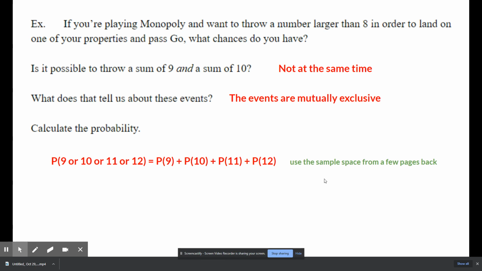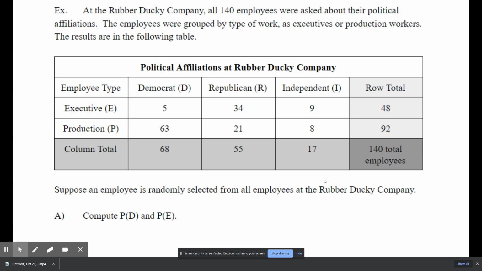So that would be the probability of a 9, 10, 11, or 12, just added together. If you wanted to, you could go back a few pages and look at the dice in the table, and you could see that it's 4 out of 36 plus 3 plus 2 plus 1 out of 36 equals 10 out of 36, so about a 0.28 chance of rolling something that is larger than 8 to get past go and land on one of your properties.